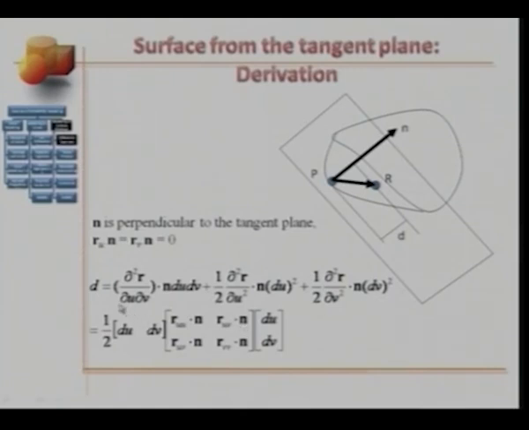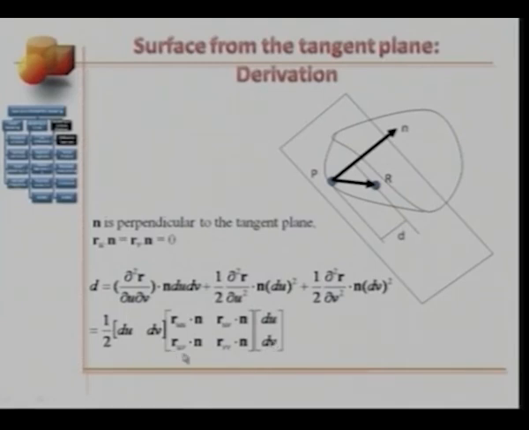And we can express this right hand side in the matrix form as half of this row vector du dv times some matrix, we'll come to that in a while, times the column vector du dv.